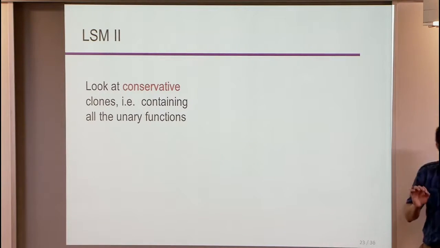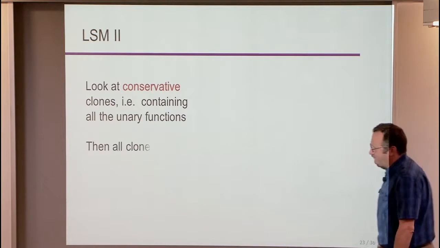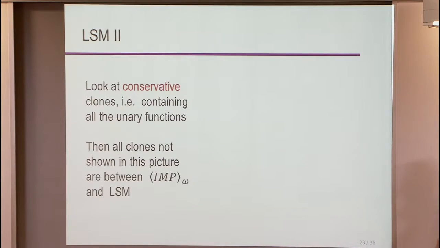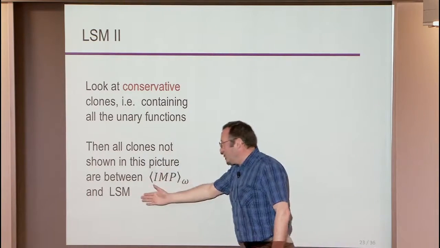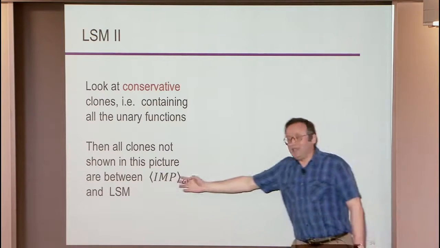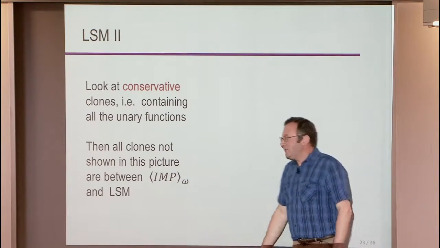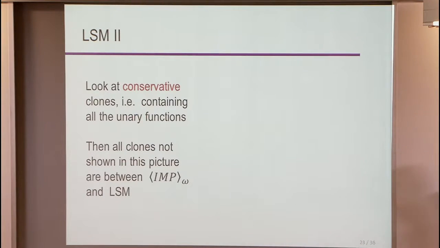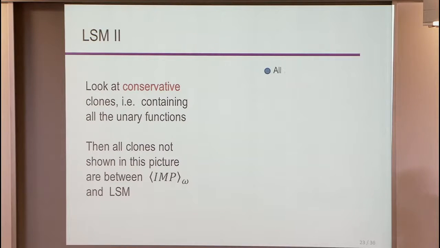Not every clone contains all unary functions, but let's look at those that do. Then one can show that all clones with this condition are either between imp and LSM, this is implication and LSM, or they are shown in the following picture.